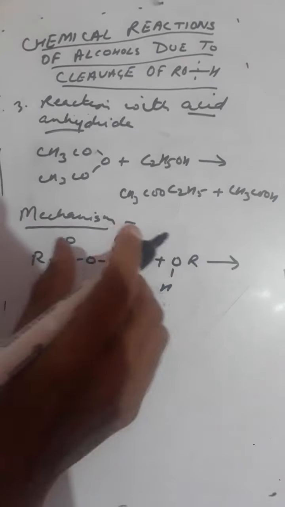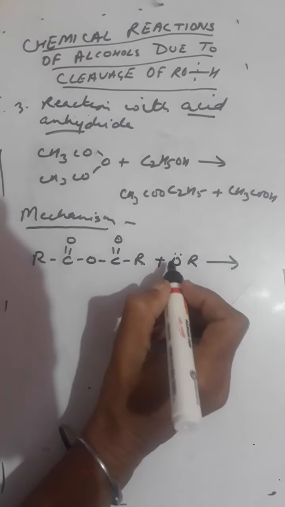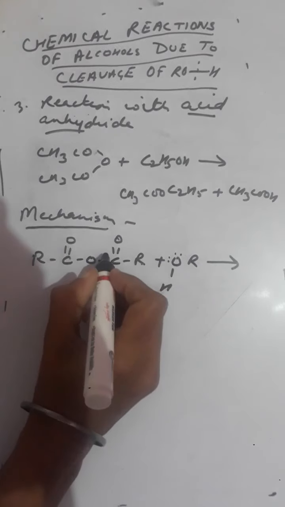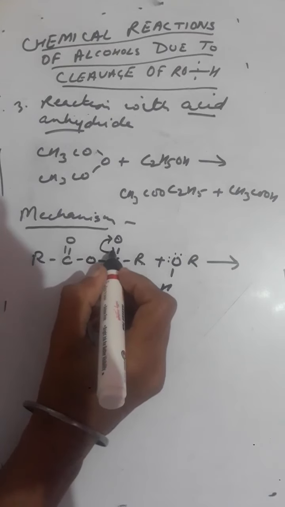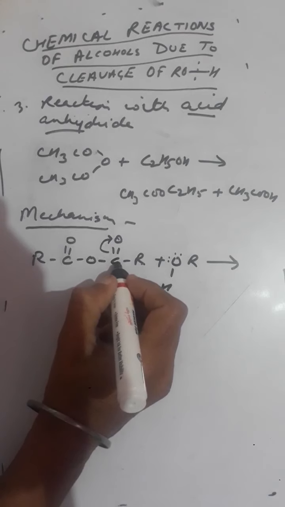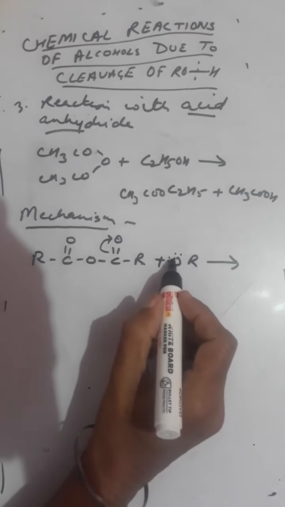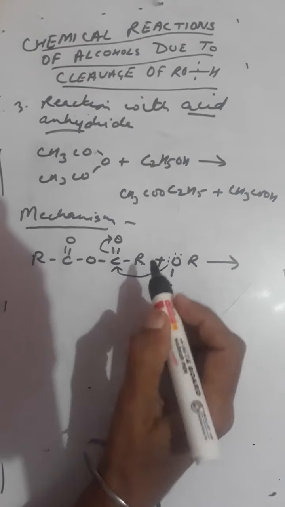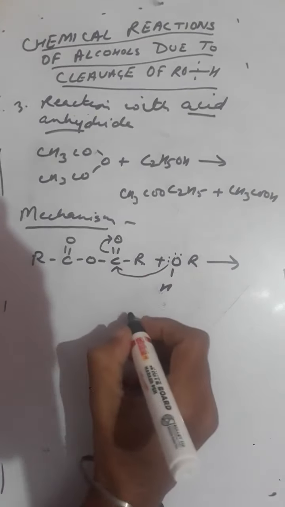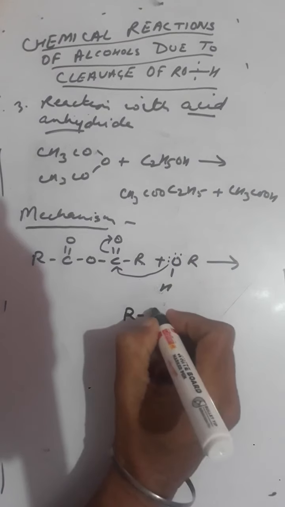We have already said that it is the nature of the carbonyl group, in the presence of a nucleophile, that this bond pair is taken by oxygen, making the carbon positive. So it is best for the nucleophile to attack over here, as seen in the previous reaction also.